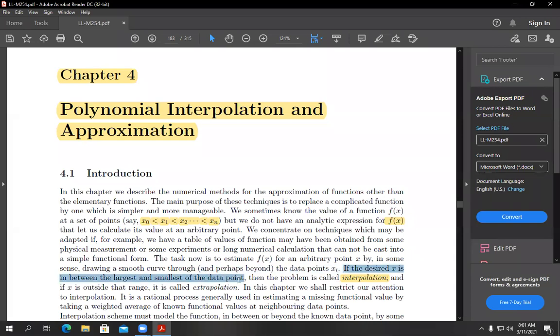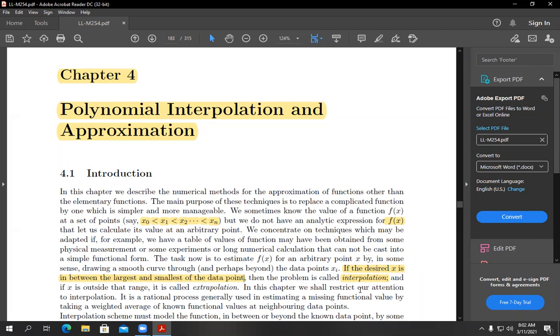The desired x is the x at which you are looking for the approximation of the function. If it is inside the interval, then we call it interpolation.